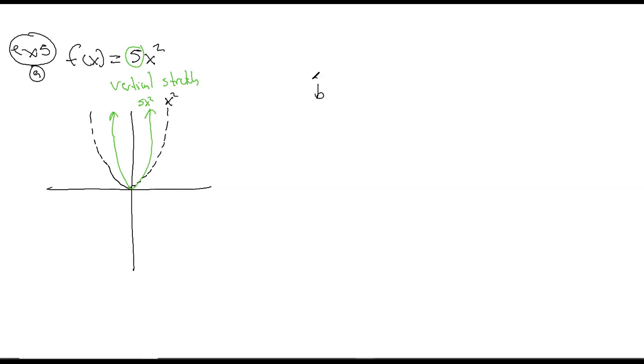Whereas B, let's go with f of x is equal to 1/4 x squared. So this 1/4 is a constant multiplier by the core, and because it's less than 1, this is going to cause a vertical shrink. It grows slower than it would have previously. I'll color.